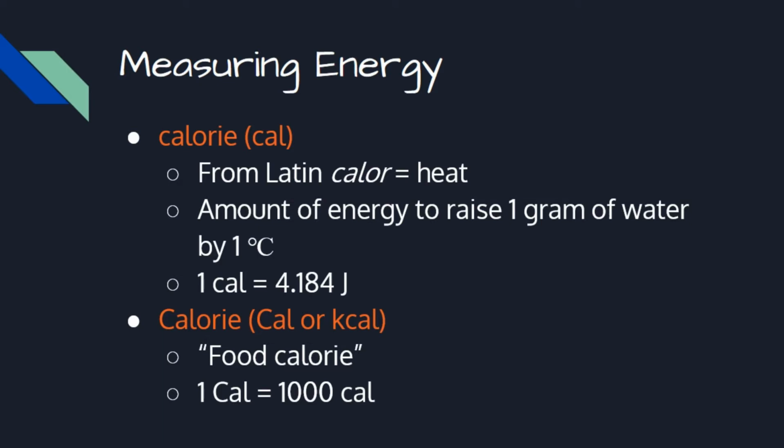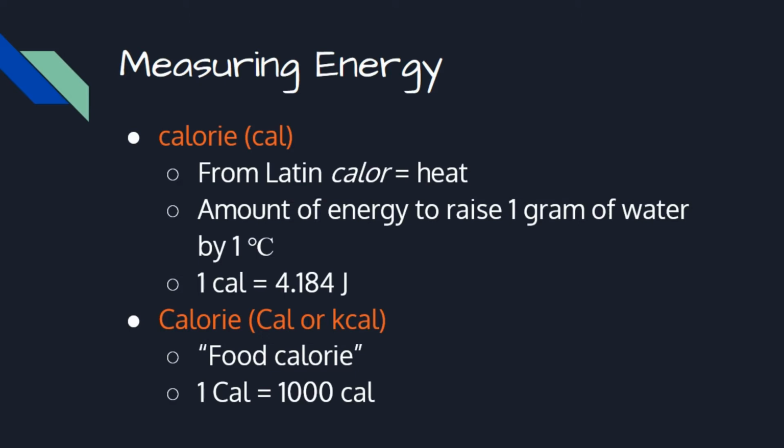I will make sure to be very clear which one we're talking about, lowercase calorie and capital C Calorie. One capital C Calorie is 1,000 lowercase c calories. Because, why not? We're not confusing enough.